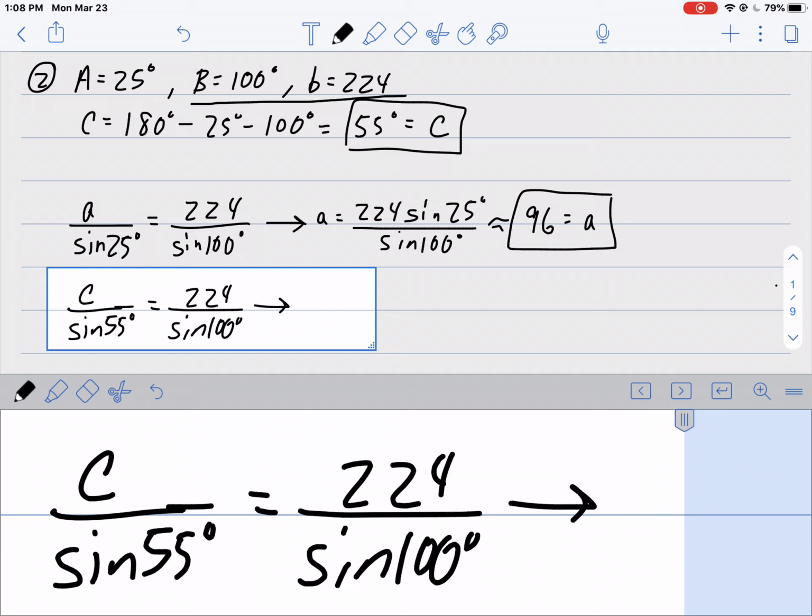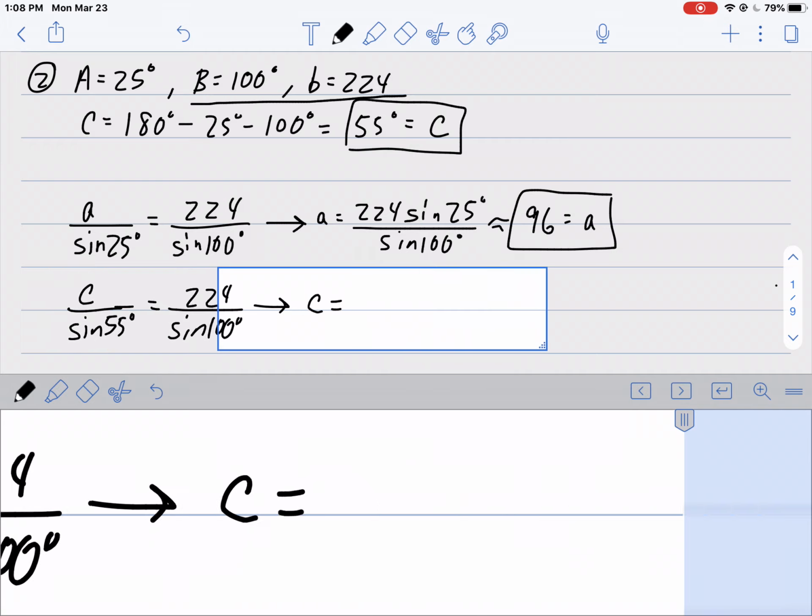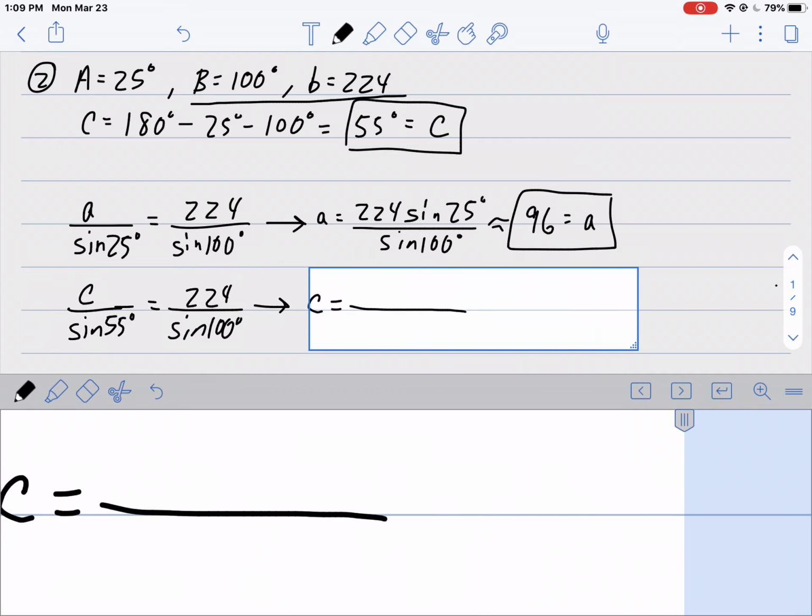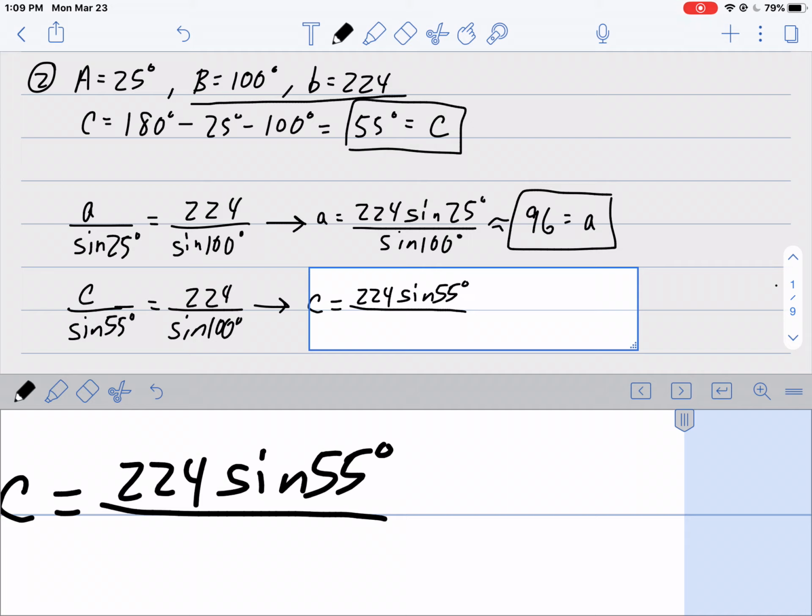So then again, multiplying in this case by sine of 55 degrees to solve for C. And I've got C equals 224 times the sine of 55 degrees over the sine of 100. And that will give you approximately 186.